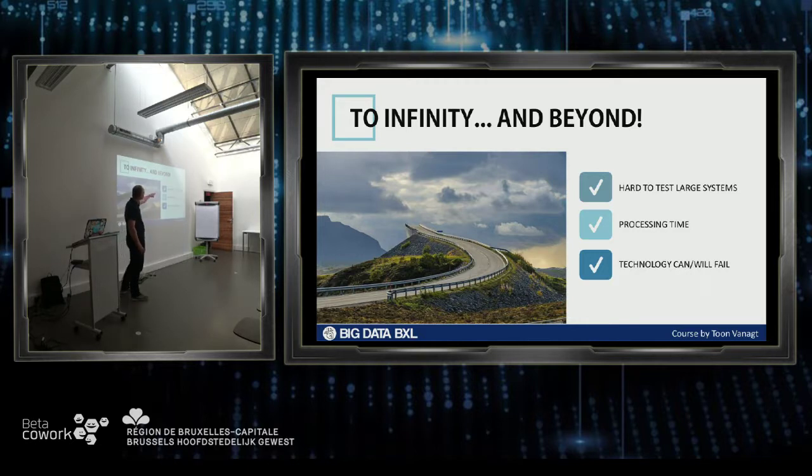Why? Because it's hard to test those large systems. So it looks like we're in control, but because we're processing so much data and we have so much underlying data, the test scenarios are really hard. Processing time goes up. You need to have all those instances. If you raise the data volume to process, you'll be kicking up more processing instances.